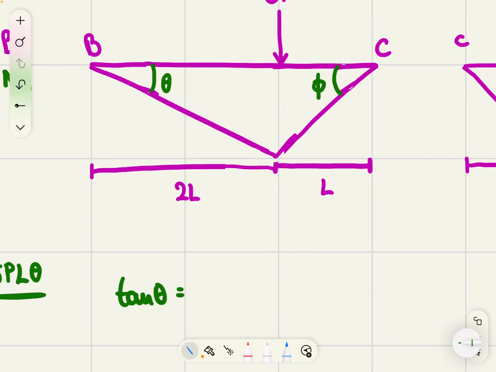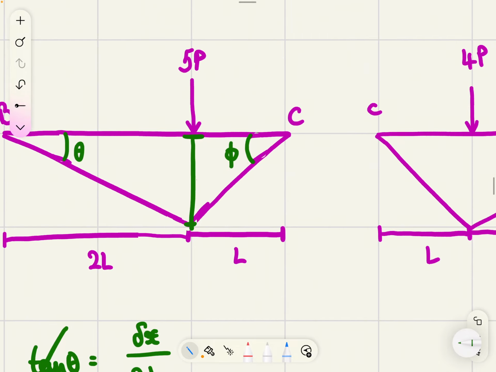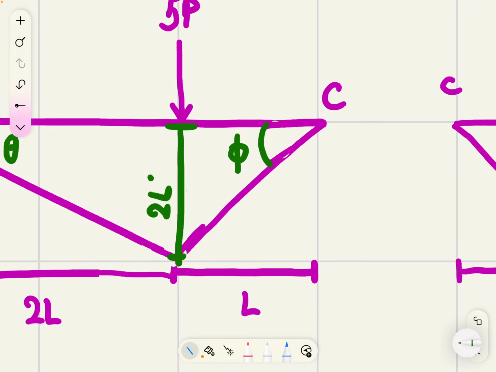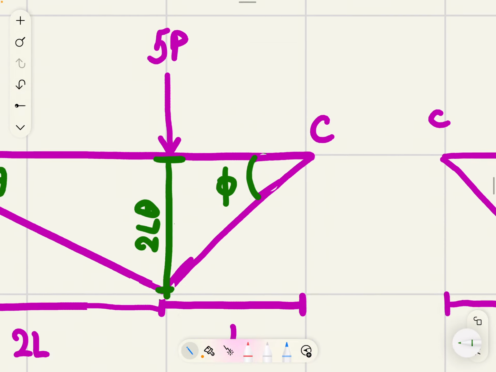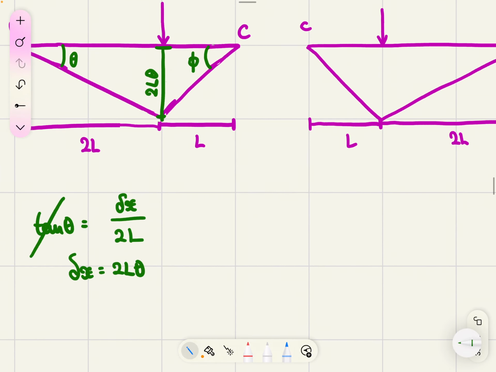So tan theta is going to be opposite, so this length, which we know is dx, that's what we're going to call it, over the length of 2L. Assuming small angle approximations, so just get rid of tan, and rearrange in terms of dx, you get 2L theta as this displacement, 2L theta of 5P.